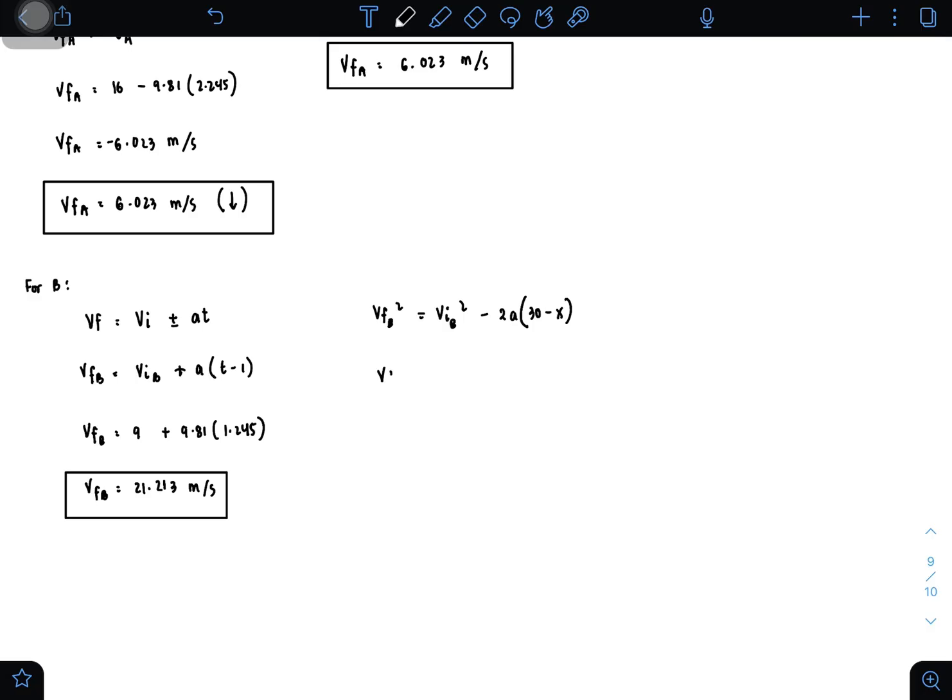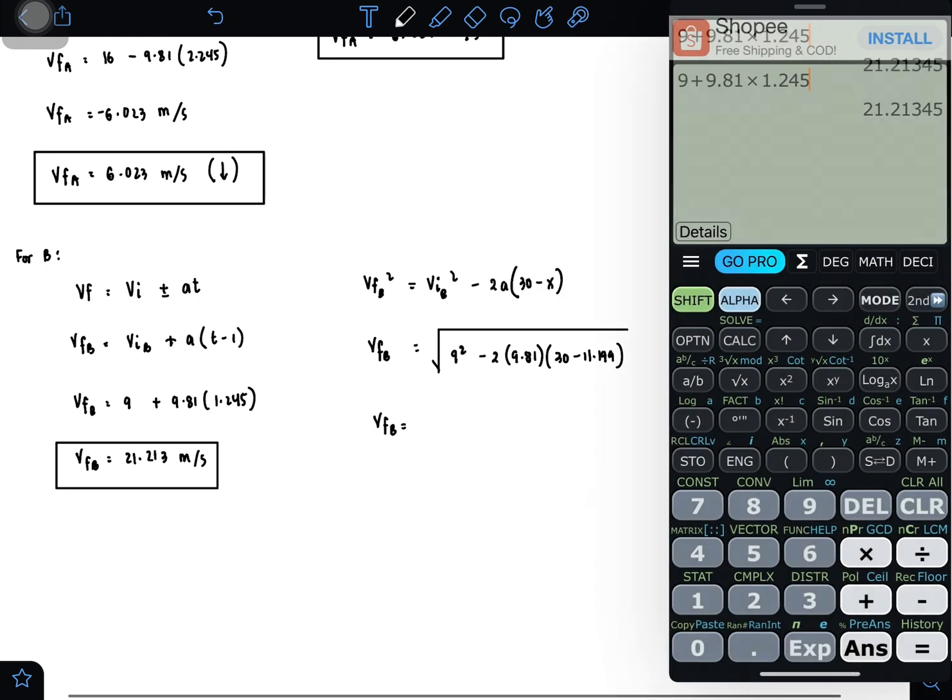So this is VFB, and this is equal to the square root of the initial velocity of 9 squared minus 2 times the 9.81 times 30 minus 11.199. And this is the final velocity.